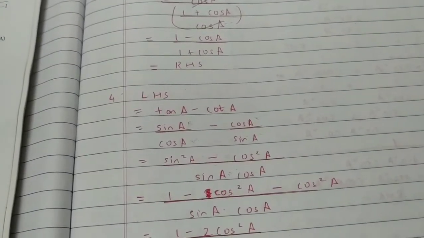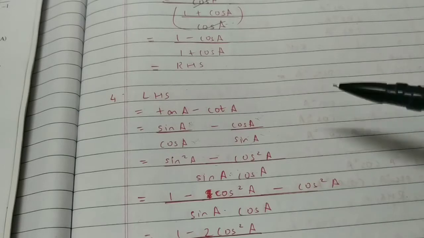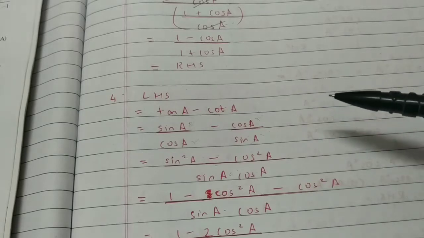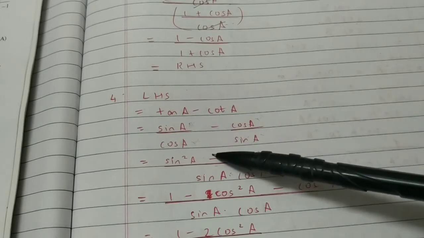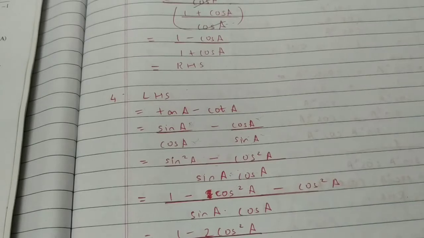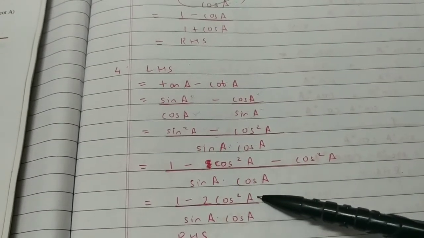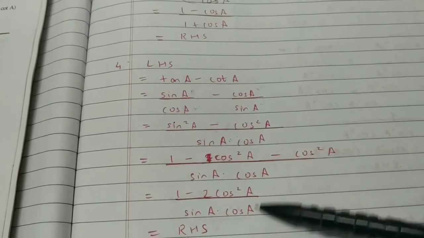We should convert the sine into cos. But how do we do that? There is no reciprocal relationship between sine and cos, but there is an identity formula. Sine square A is 1 minus cos square A. So we substitute that. So now this becomes 1 minus 2 cos square A, which is RHS.